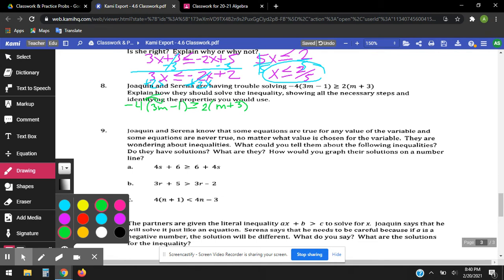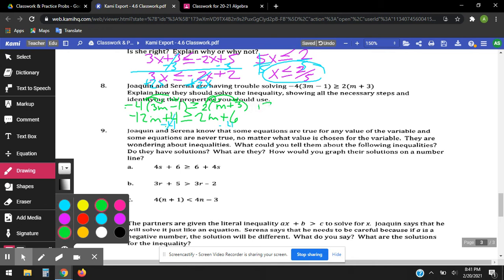So if I distribute, I have negative 4 times 3, which is negative 12m. Negative 4 times a negative 1 is plus 4, greater than or equal to. Distribute my 2: 2m plus 2 times 3 is 6. Okay, so from here, I'm going to subtract 4 from both sides. Those cancel.